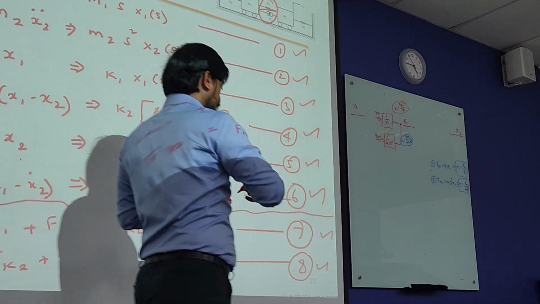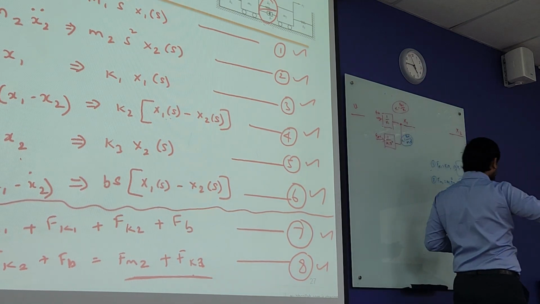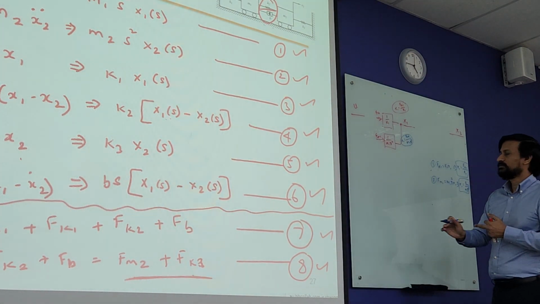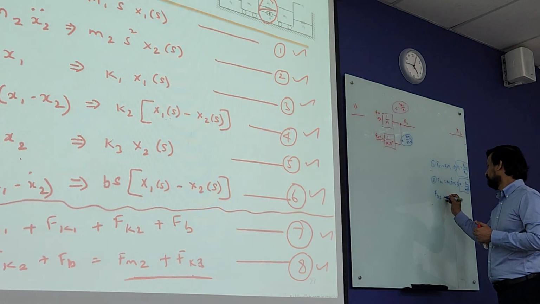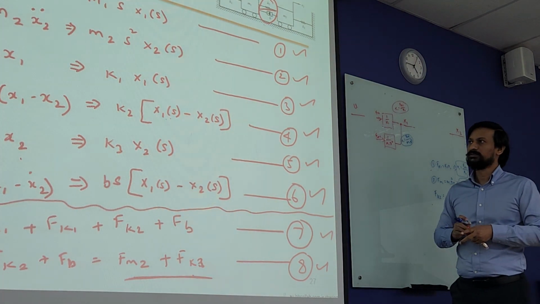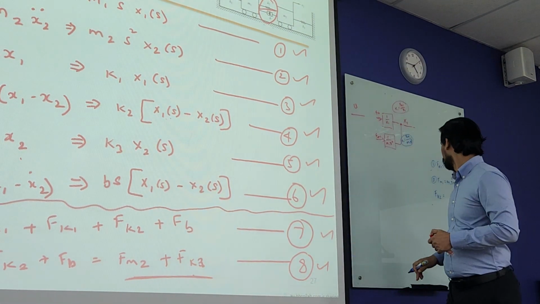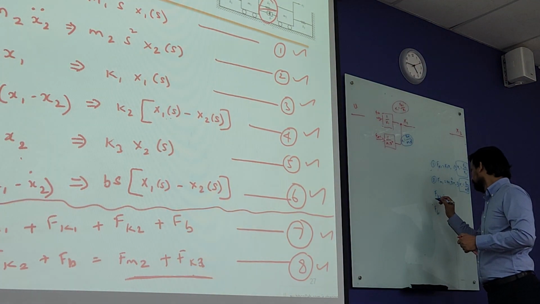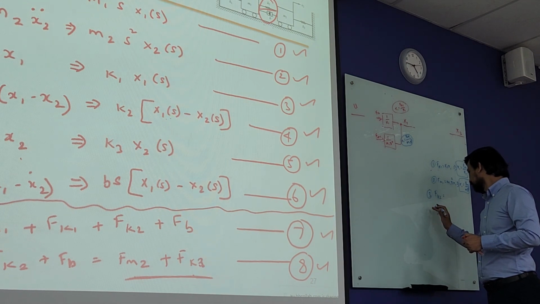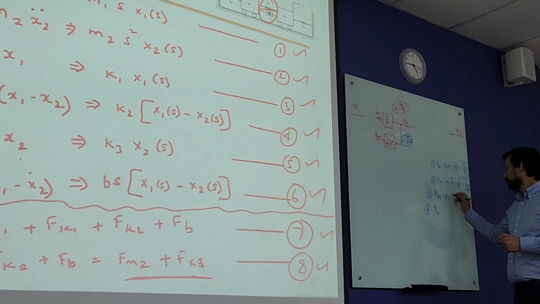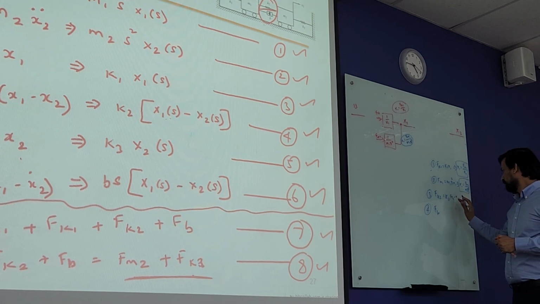We have to write that. Now it's K2, right? Sorry, not K2. Yeah, K2 and B. Okay. So K2, x2 minus x1, or x1 minus x2.